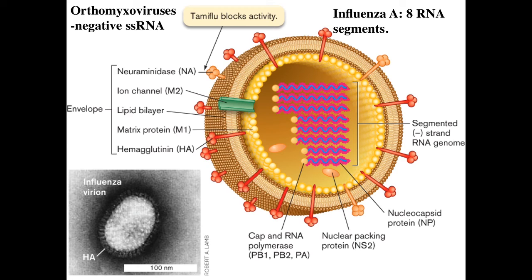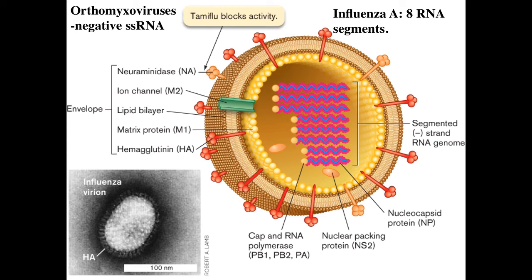Now, as we move on and talk about a general group of viruses known as the orthomyxoviruses, this is also a single-stranded RNA virus, but it is of the negative sense. In other words, this RNA, as it would be introduced into a cell, could not be translated into proteins.